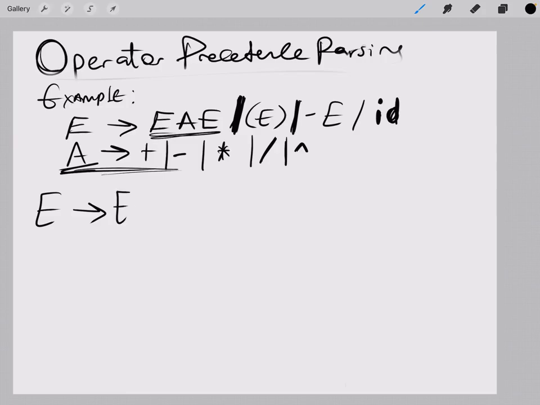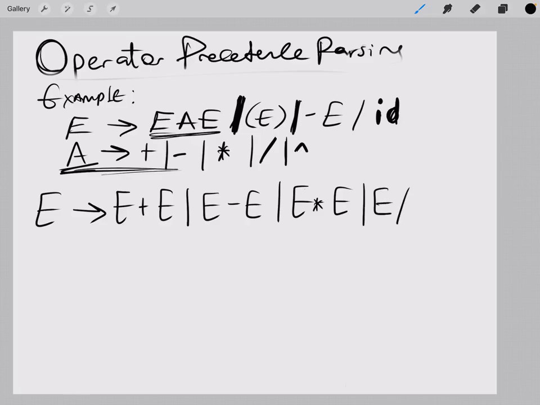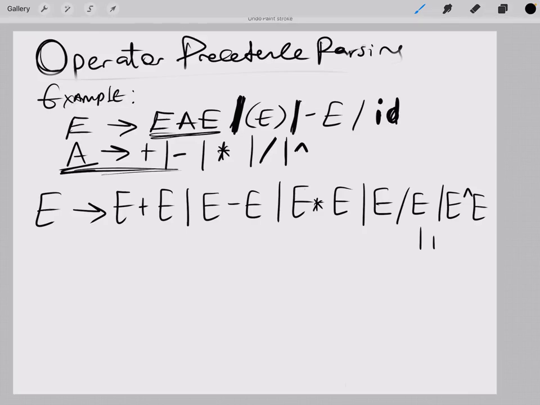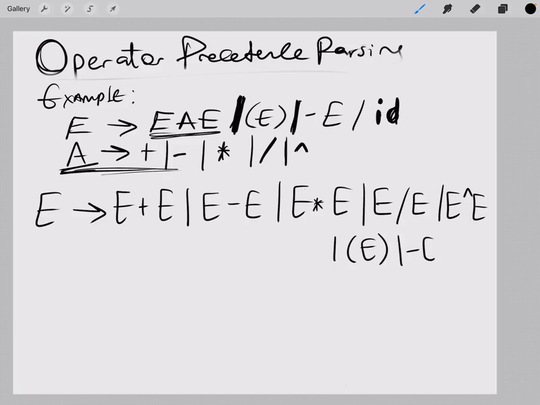So we have put all the terminals in between. We have E plus E or E minus E or E star E, or E divided by E, or E to the power of E, or ID. Let's just add the remaining, or this, or this, or this.